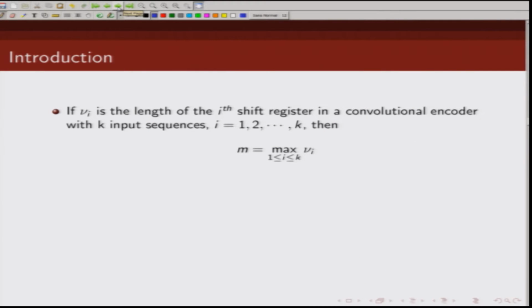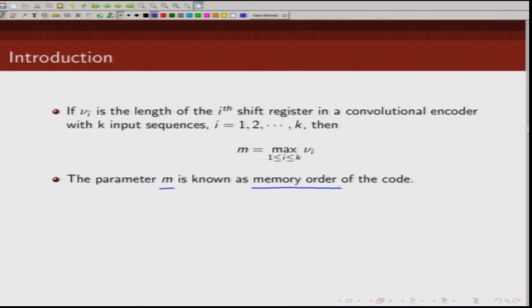So, if we denote by nu_i the length of the ith shift register in a convolutional encoder, then we define the memory order as the maximum length of the shift register among the k shift registers used to represent the convolutional encoder. And this parameter m is also known as memory order of the convolutional code.